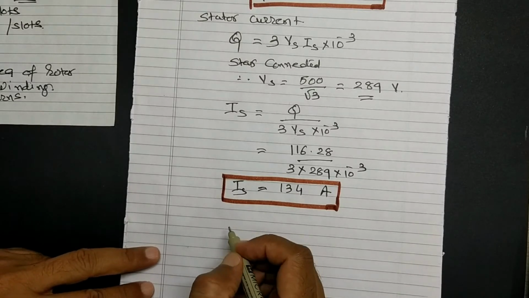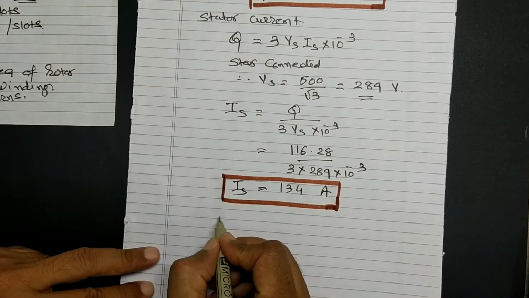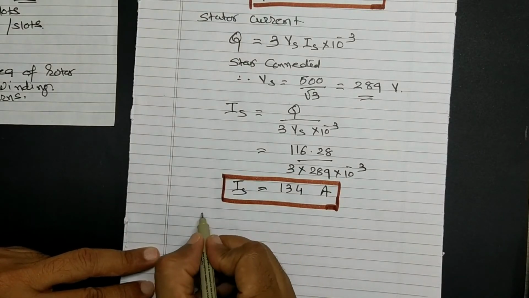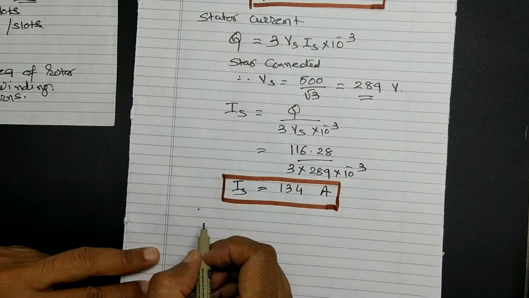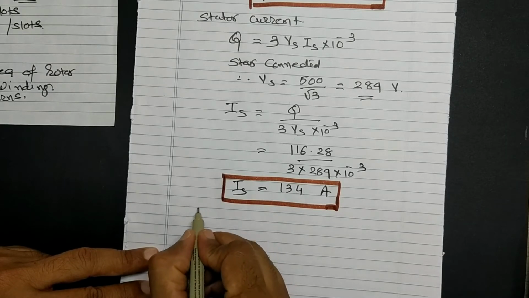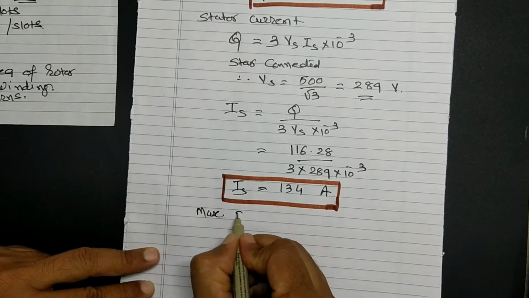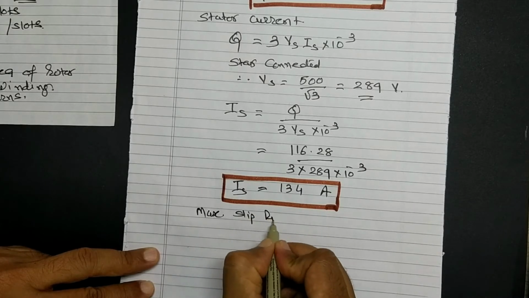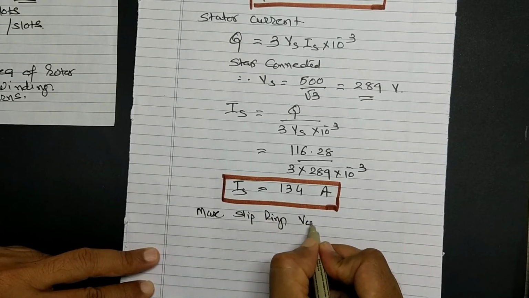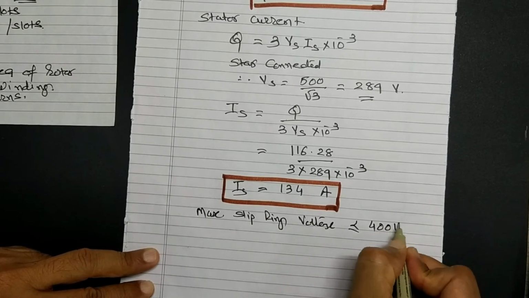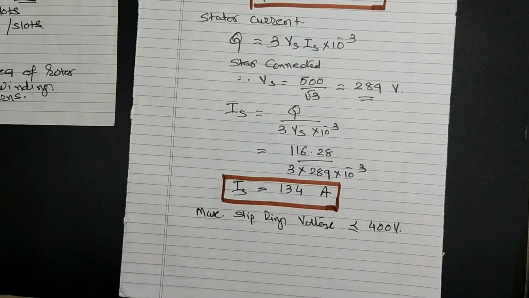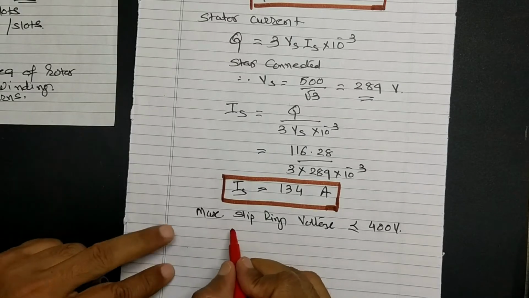First of all, based on the constraint given, the voltage between slip rings, that is the maximum slip ring voltage, should be less than or equal to 400 volt. So this is our constraint.